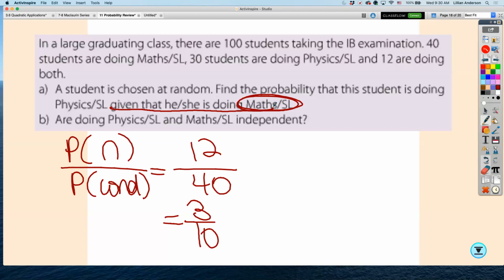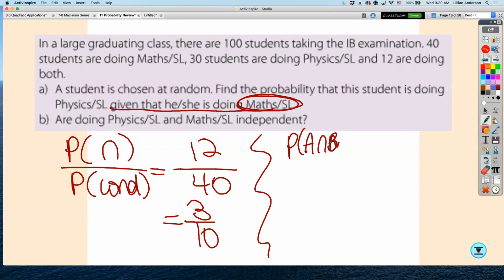But are doing physics and math independent? Who said that? Okay. You said no. Well, let's justify. What does it mean to be independent? The intersection equals the probability of the first one times the second one.